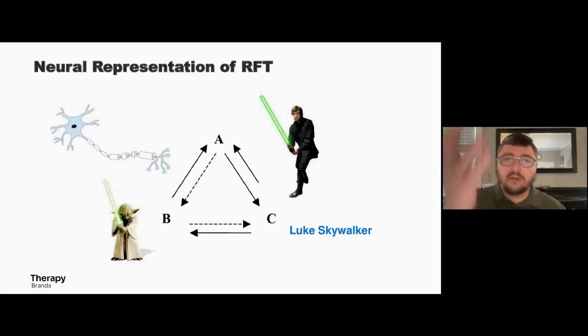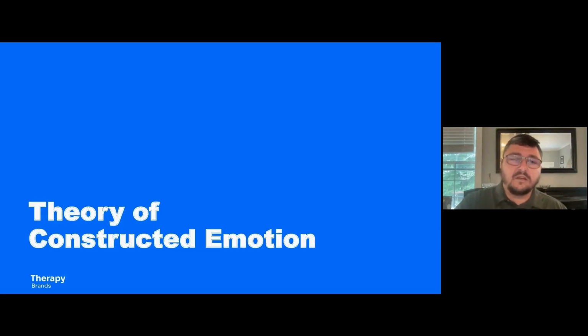So again, a neural representation of RFT. So we talk a little bit about where these concepts come from. I'm also interested in affect, right, and the feelings in your body.